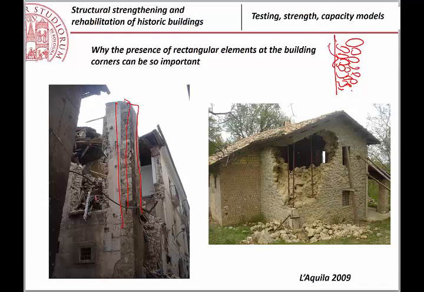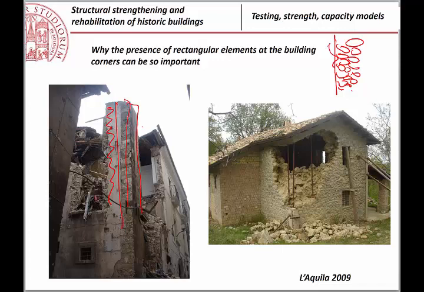There was the corner, there was a little part of masonry on the two sides, but then the other part of the wall was not able, for example, to support the earthquake forces out of plane. But the corner was much stronger than any other element.